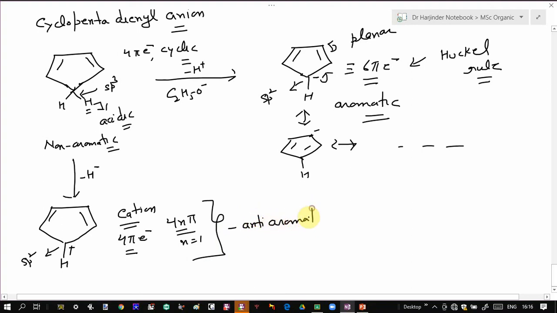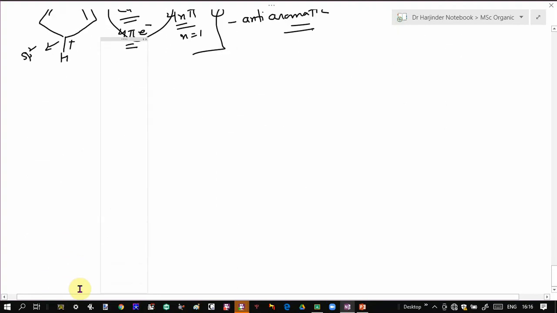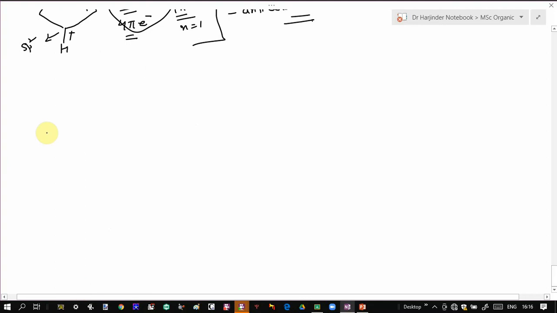Therefore, this cation is now anti-aromatic, which is least stable. So out of these systems, the cyclopentadienyl anion, since it is aromatic, has maximum stability. Then cyclopentadiene is non-aromatic, and the least stable is the cation. And therefore, the cyclopentadienyl halide doesn't undergo SN1 reactions.